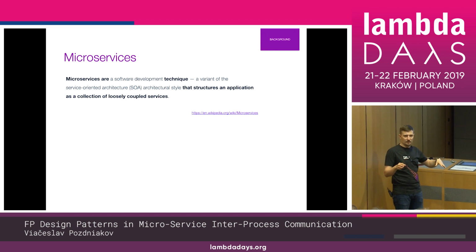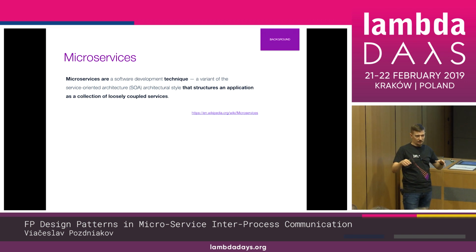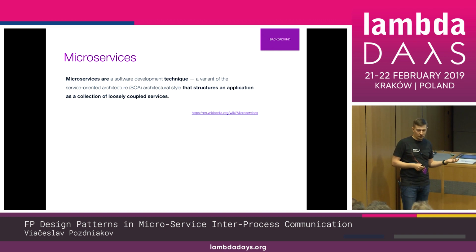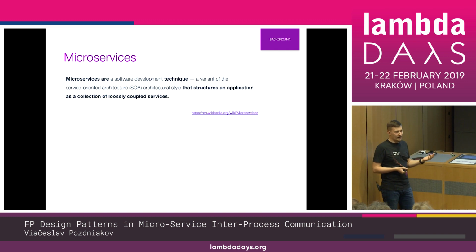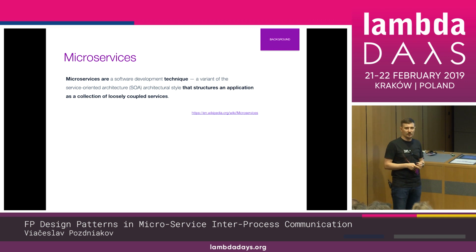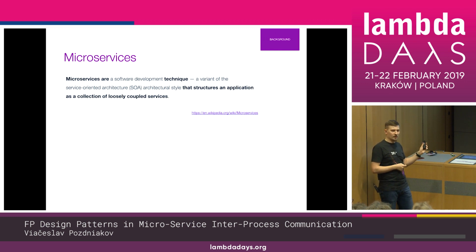We will talk about microservices and how they communicate in the topology of any company. If you go to Wikipedia, the source of all my knowledge, you'll see that a microservice is a technique that structures an application as a collection of loosely coupled components. This definition is really good because it's very short.